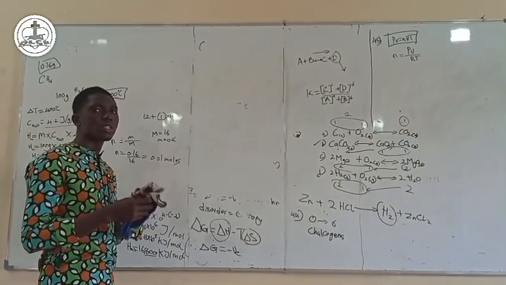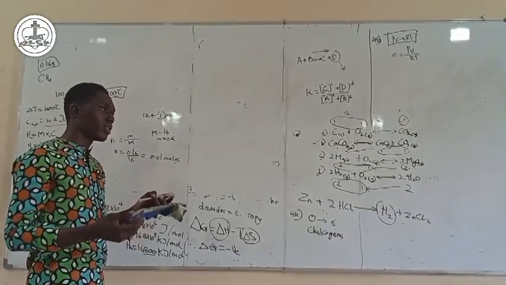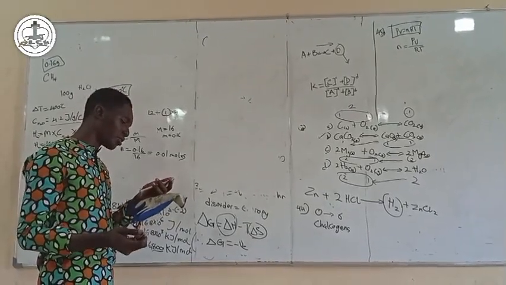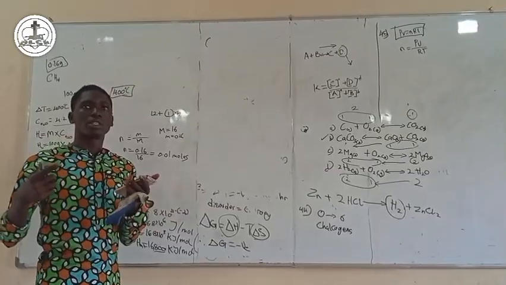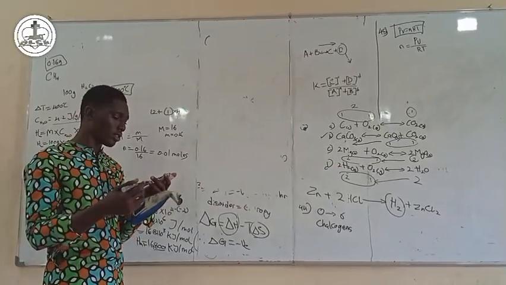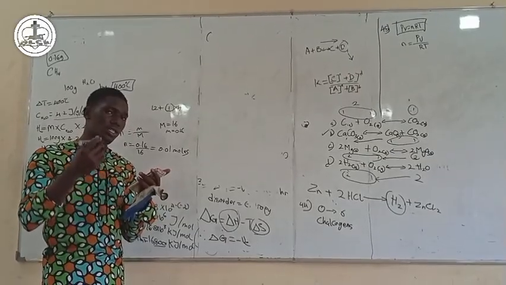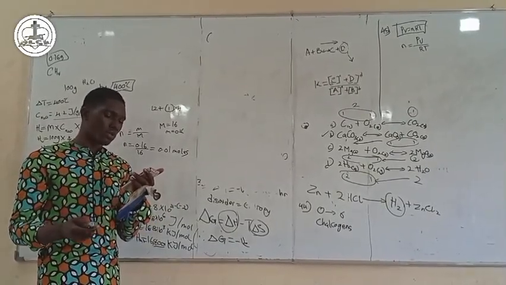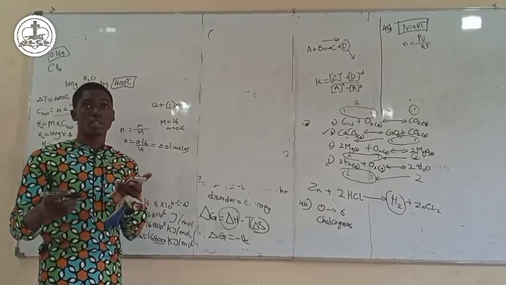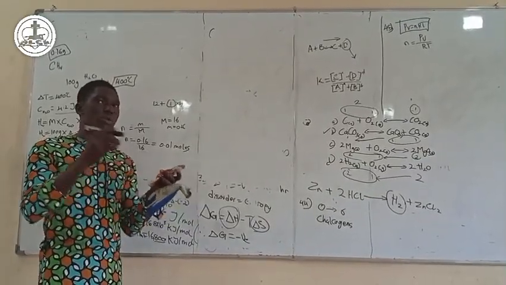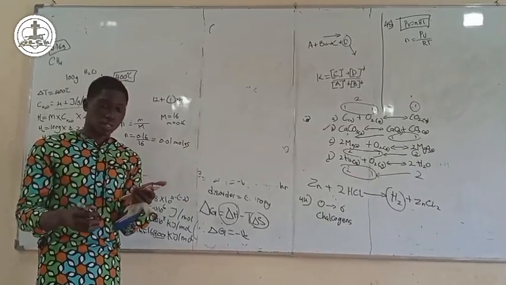The answer is A, decreases, because when there's a change from a more energetic phase to a less energetic phase, there's a decrease in entropy. We know molecules in the gaseous phase are more energetic than molecules in the solid state.